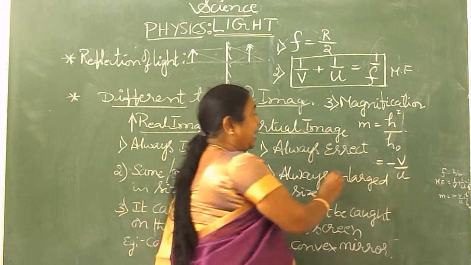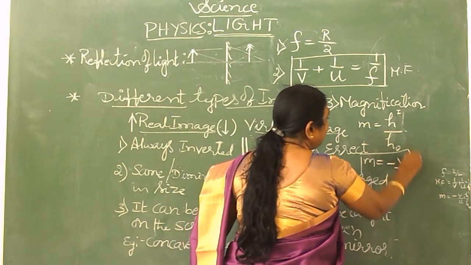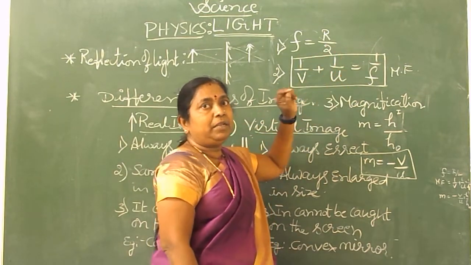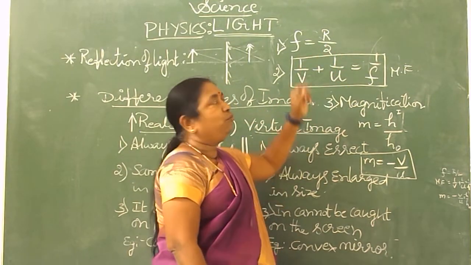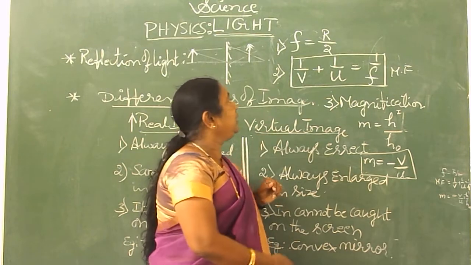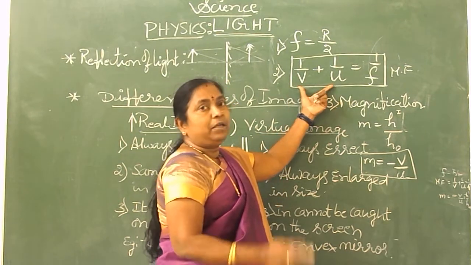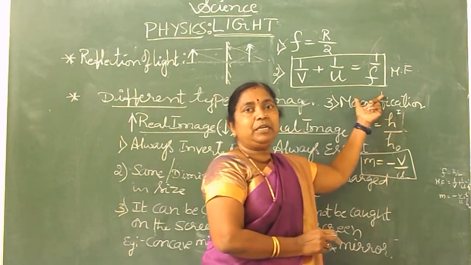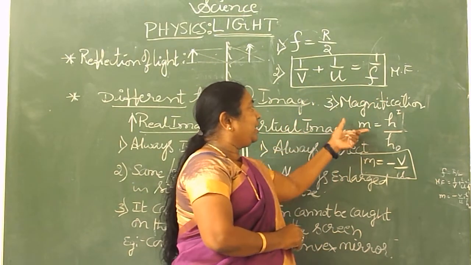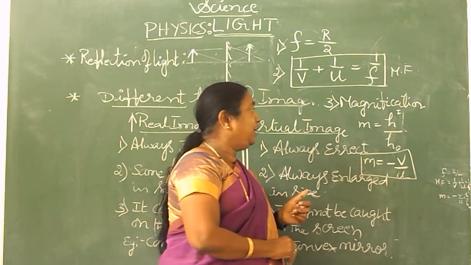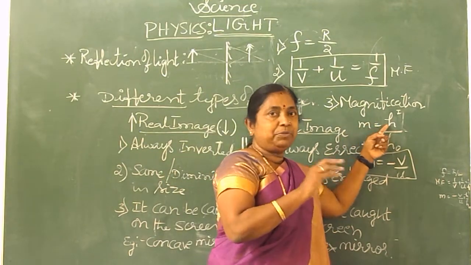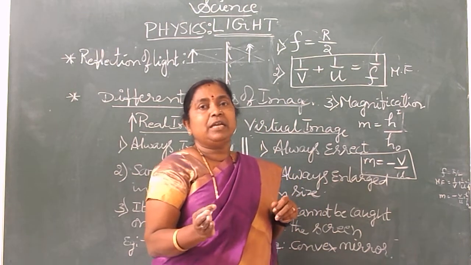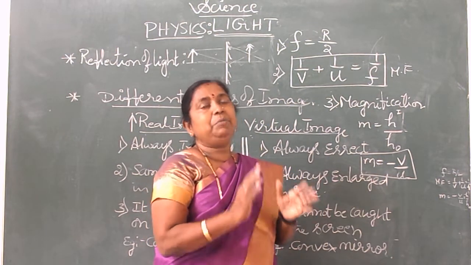And one more thing to remember: the radius of the mirror is measured in centimeter, focal length is also measured in centimeter, and object distance and image distance are also measured in centimeter. Whereas magnification, depending upon the comparison of image and object size, is a ratio.